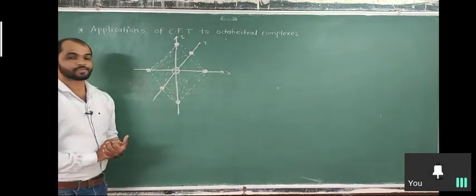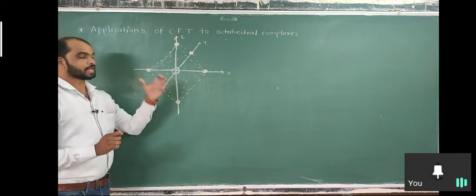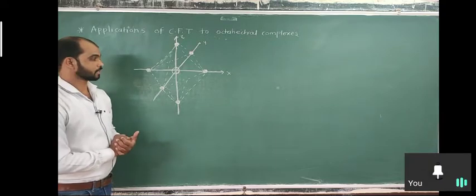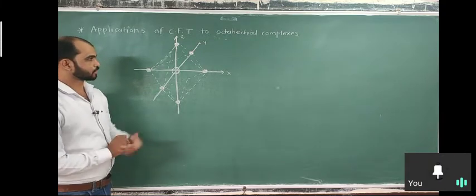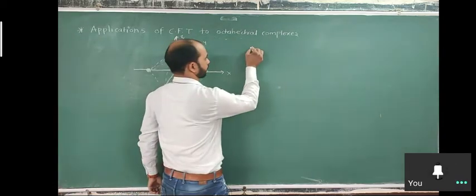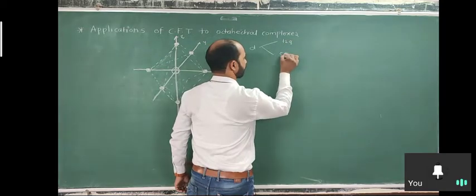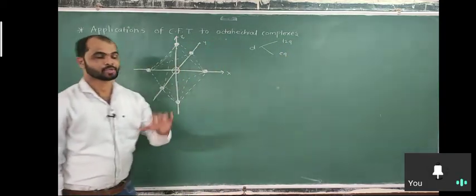So which orbitals split, which orbital has lower energy and which has higher energy, totally depends on the geometry of the complex. I already told you the d orbitals have two sets, T2g and Eg.